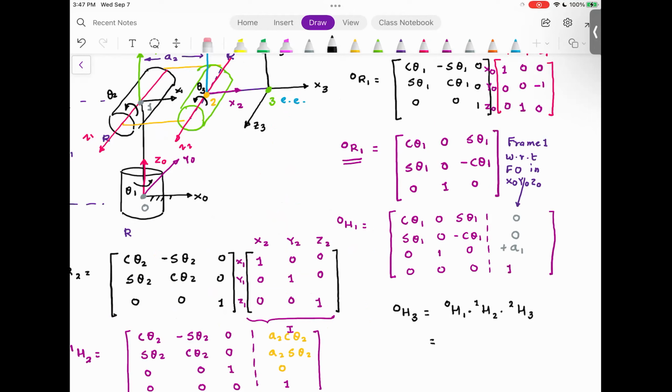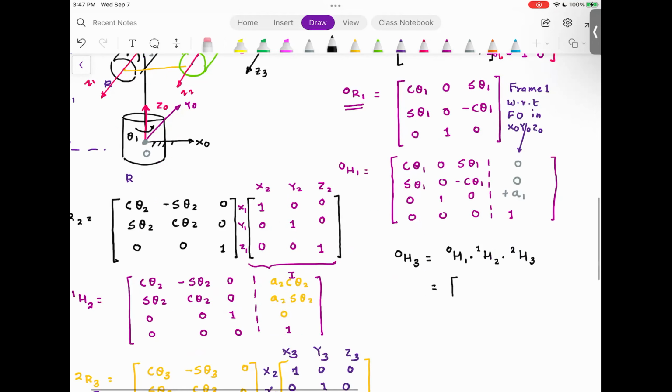Do you agree with me? Once I perform this computation, I'm going to get a matrix, and this matrix will have a very interesting structure. This matrix will be something like this.